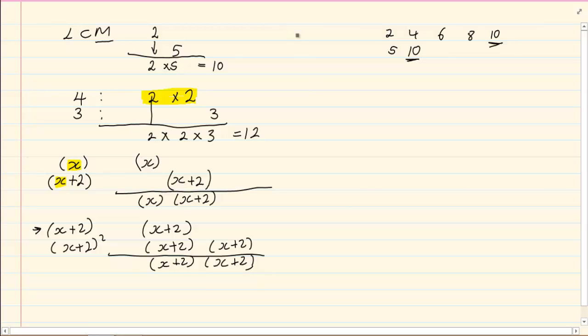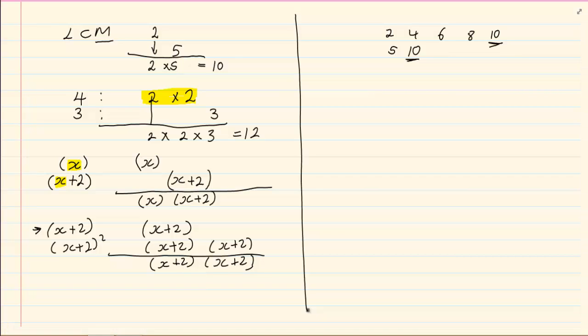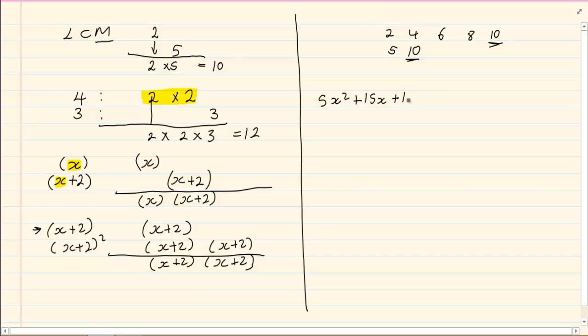These LCMs get more complicated as we go. When we're doing factorizing with trinomials or difference of two squares, we have to factorize. Let's do the following example. 5x squared plus 15x plus 10, and we're factorizing it with 5 and we're factorizing it with x plus 2.